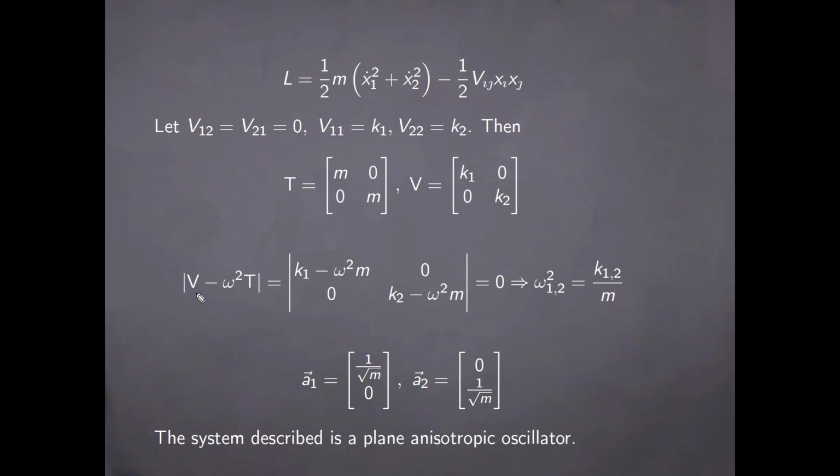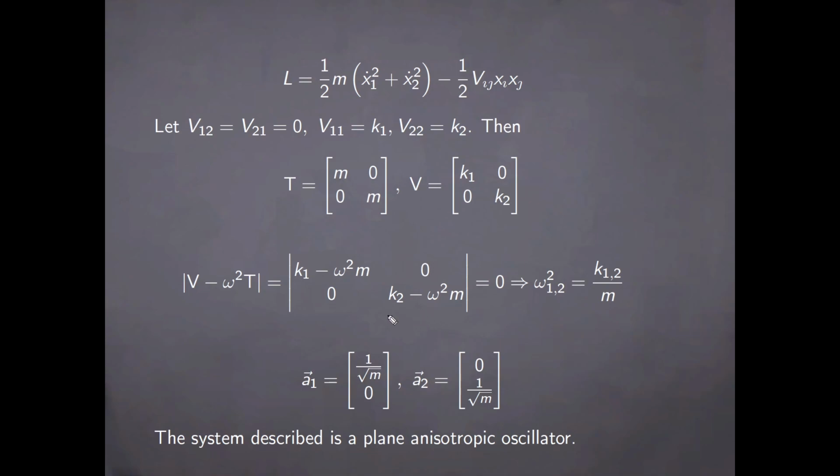And then if we solve the secular equation right away, we obtain the obvious result, namely that the squared frequency for each mode is just the corresponding spring constant k divided by the mass m.